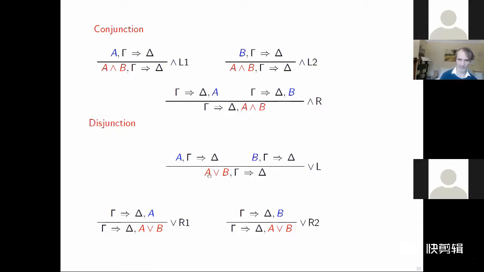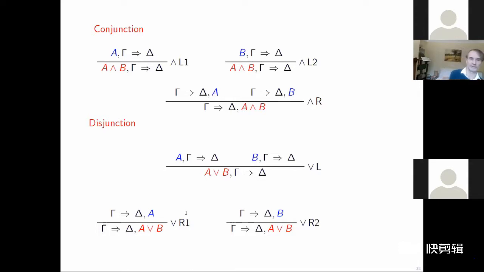And then rules for the disjunction. Here you have an A in the antecedent, and there's a B in the antecedent. In each case, they together with gamma yield delta, well then A or B together with gamma yields delta. This is the rule for disjunction where the formulas appear in the antecedent, and then you have corresponding rules for the succedent.